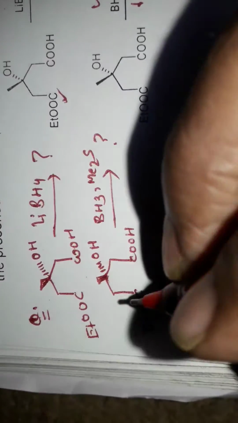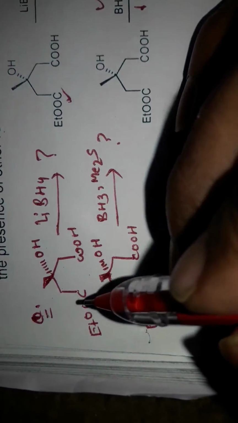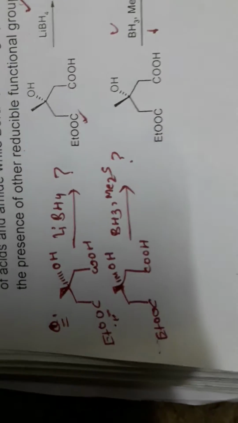So what happened here, in this lithium borohydride will act on this, and this will convert into CH2OH. Okay, this carbonyl will be changed to CH2OH, and it will be the leaving group here.